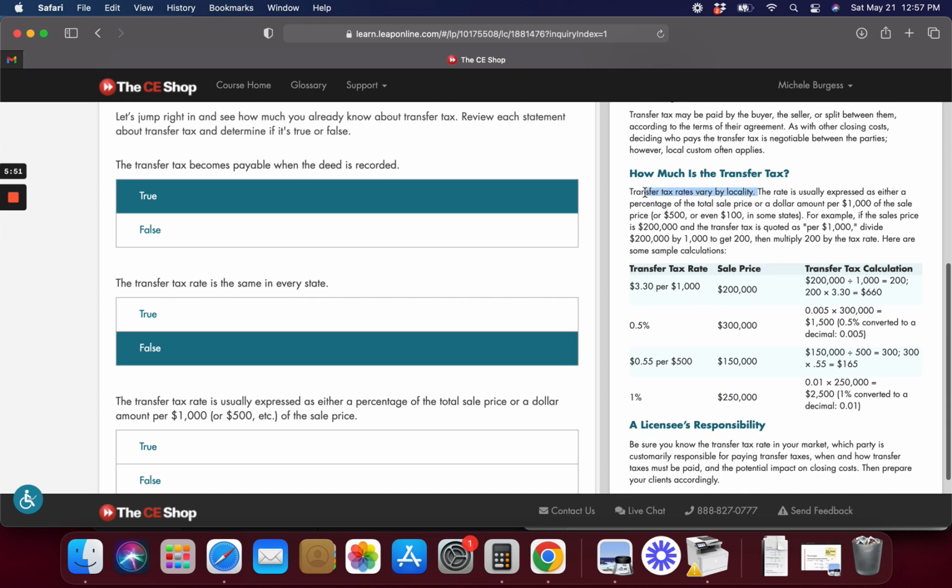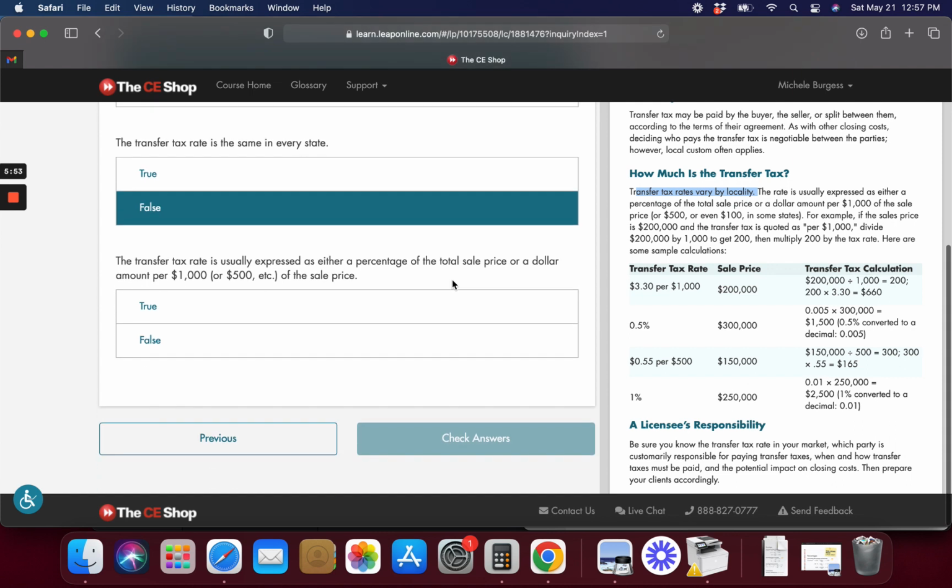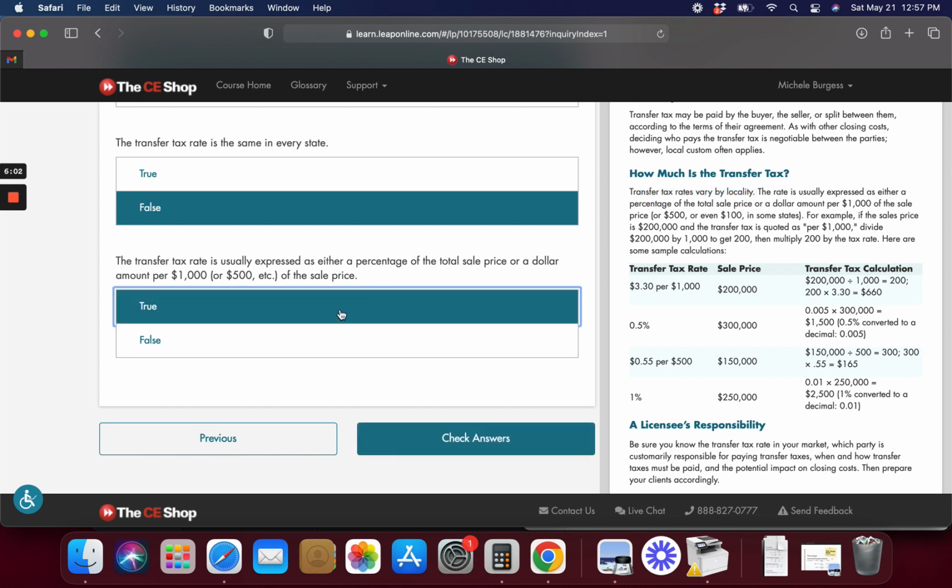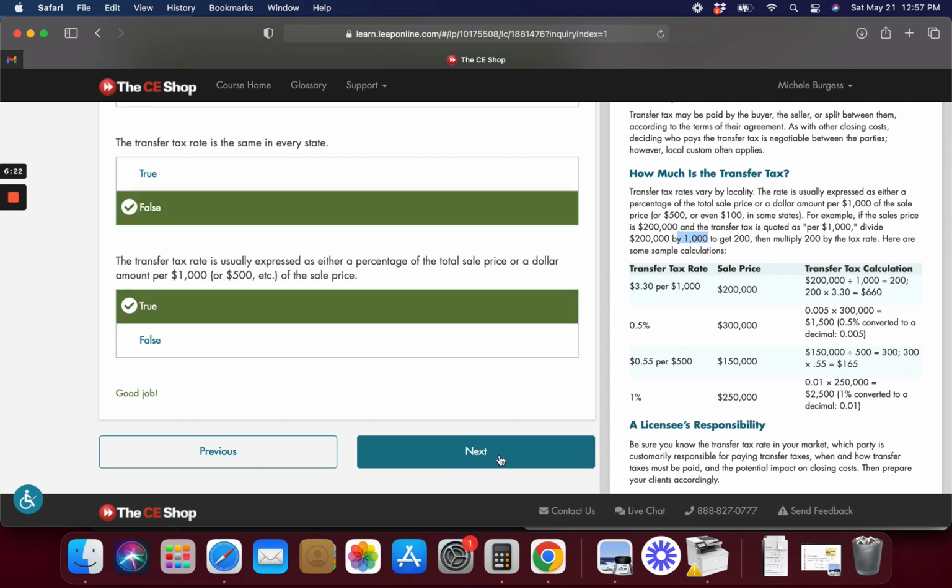They vary by locality. The transfer rate is the percentage of the total sales price or dollar amount of the sales price. And I do believe that is correct. So you would take the amount of the sales price divided by 1,000. It's almost like the mills thing. So you take the sales price and divide it by 1,000 to get your mills. That's how you do the transfer tax.